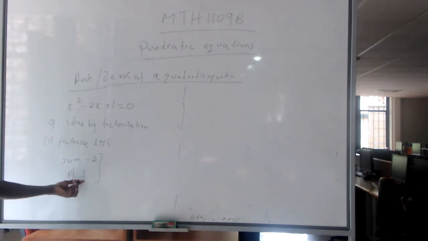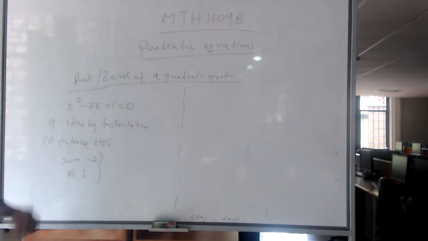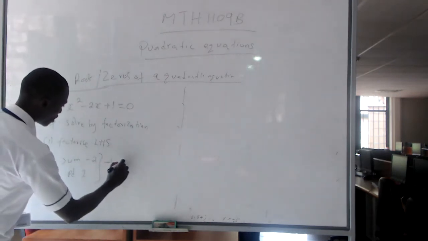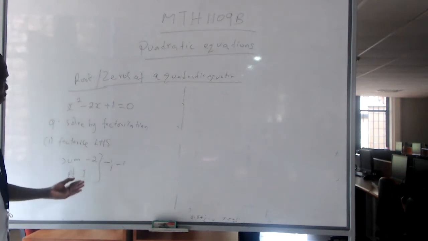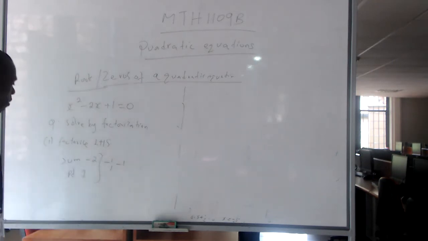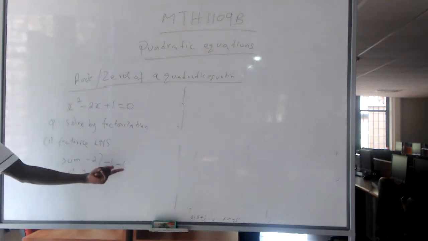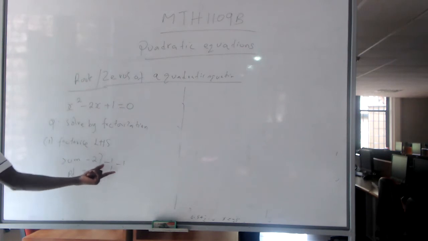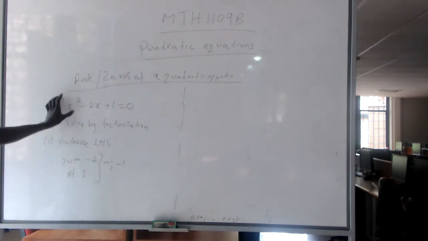The factors of 1 could be -1 and -1, 1 and 1, a half times 2, a third times 3. But in this case, if I took -1 and -1, it's obvious that -1 times -1 is 1, because a negative times a negative gives you a positive, and -1 minus 1 is -2. So these two factors, -1 and -1, will help us here.